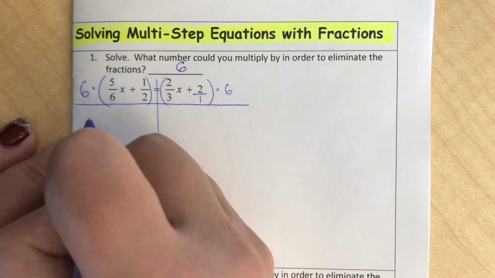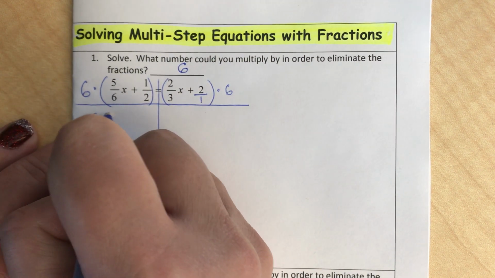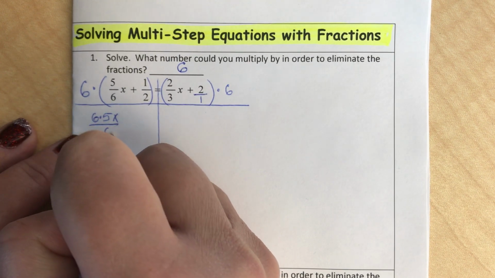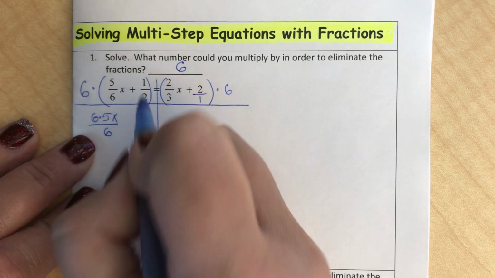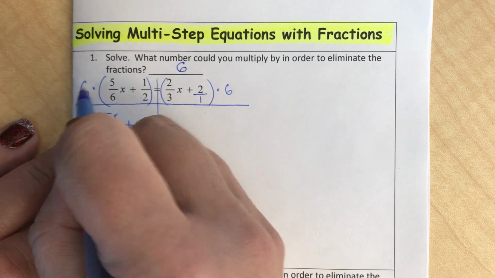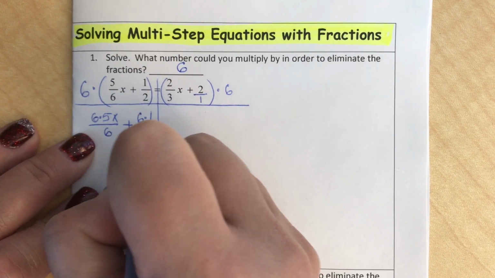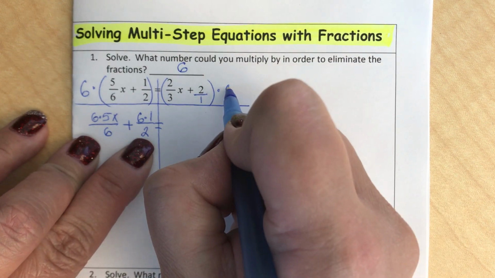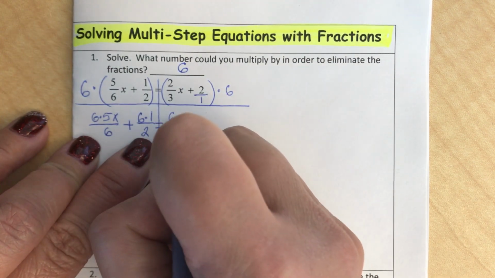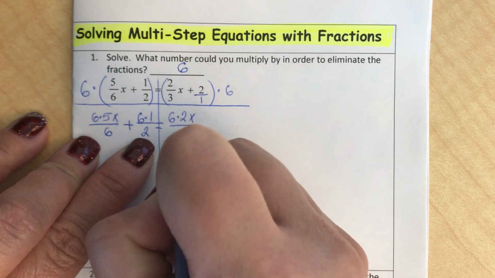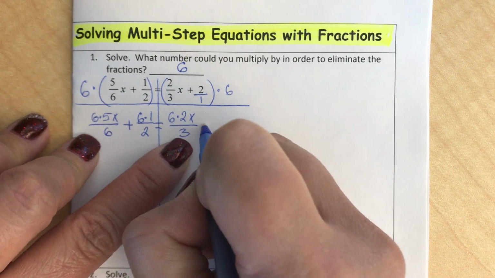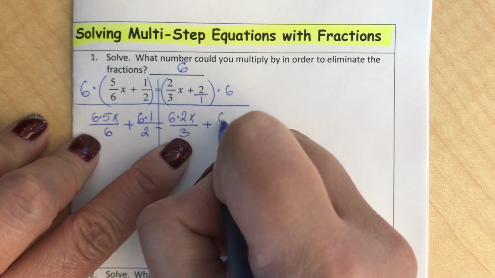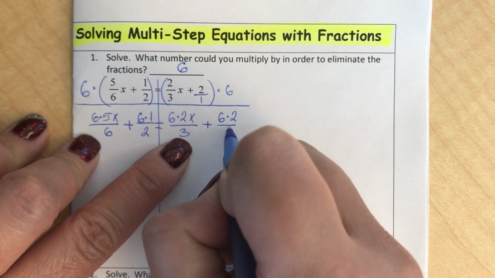So 6 times 5, on the numerator we multiply, divide by 6, that's the first fraction. 6 times 1, divide by 2, that's the second fraction. 6 times 2 with the x, divide by 3 on the right hand side, plus 6 times 2, divide by 1.